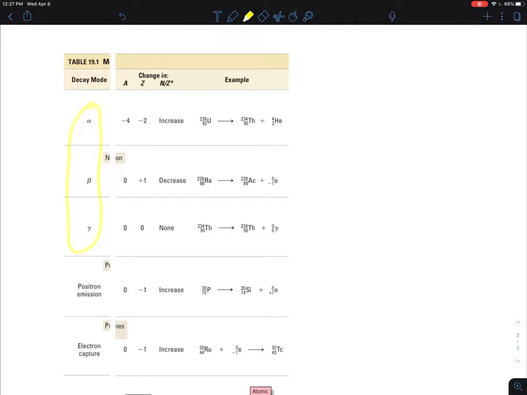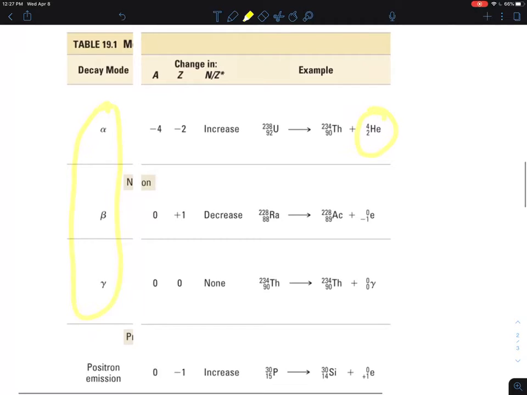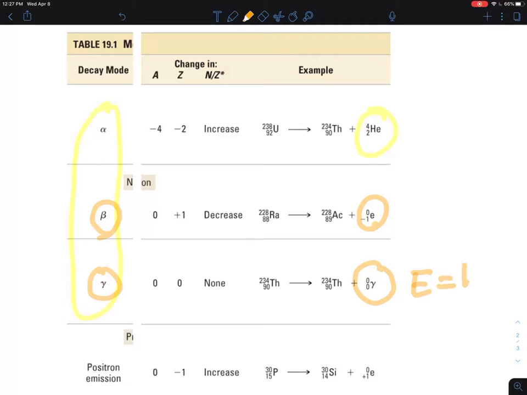Alpha is nothing but helium particles, and beta is just an electron. The gamma uses a symbol like this because it's just an electromagnetic wave. And this is an alpha, which is helium, that means 2, it's 4. Sometimes they write it 2 plus, sometimes the other way.